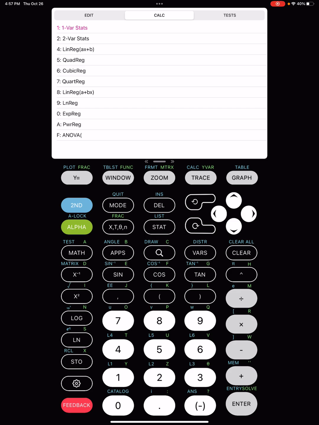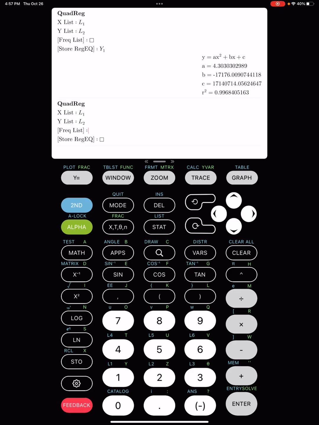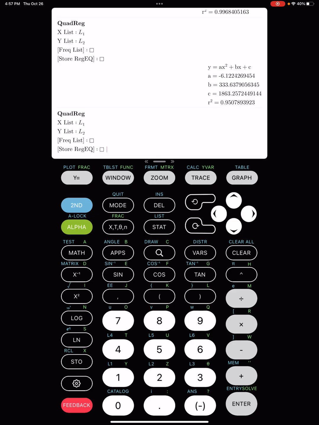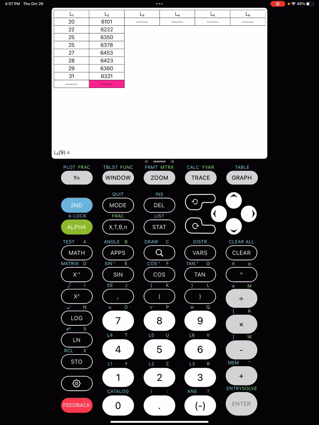All right, so when you're trying to find regression, you go to number 5, quadratic regression, list 1, list 2, frequency list, all of that. And it looks like I have something goofed up anyway. So again, check your list, be like Santa, checking his list, checking it twice: 6350, 6378, 6453, 6423, 6360, 6231.